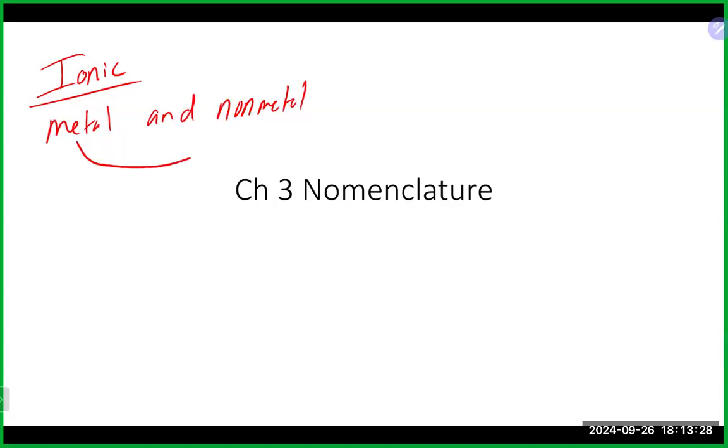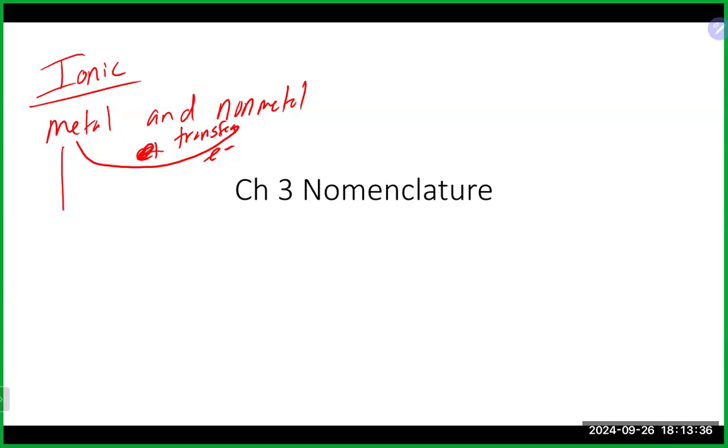So this is nomenclature, and we're going to talk about naming the two types of bonding that we've been talking about, which is ionic bonding, which, as we hopefully know at this point, is between a metal and a non-metal. Whenever we get a metal and a non-metal together, we get a transfer of electrons.